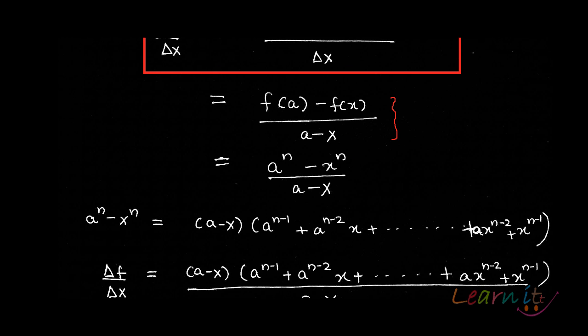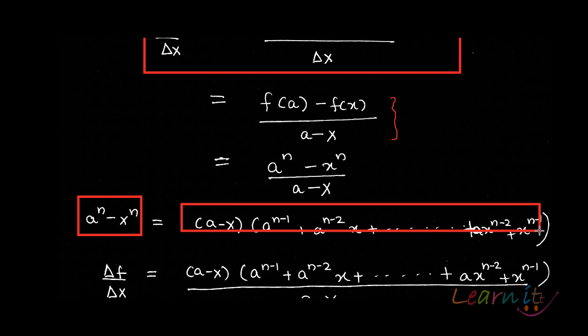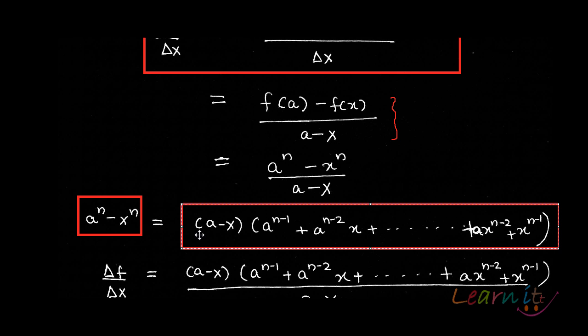Now consider the following: a to the power n minus x to the power n. This would actually equal the expansion, which is a minus x, multiplied into a to the power n minus 1 plus a to the power n minus 2 into x, and so on.